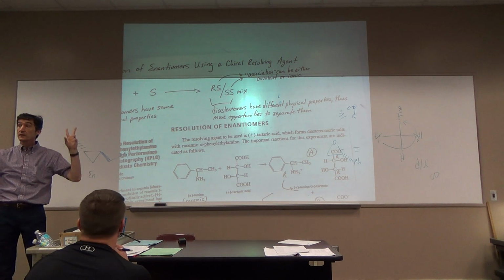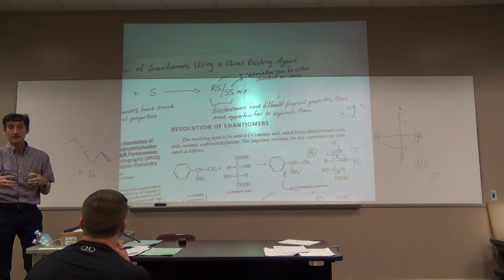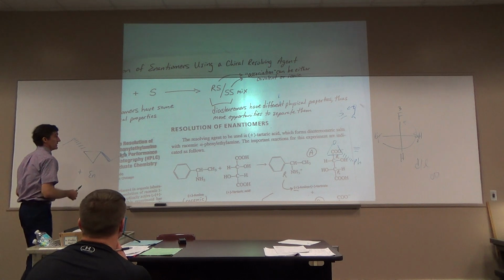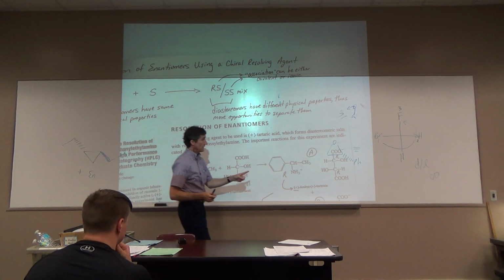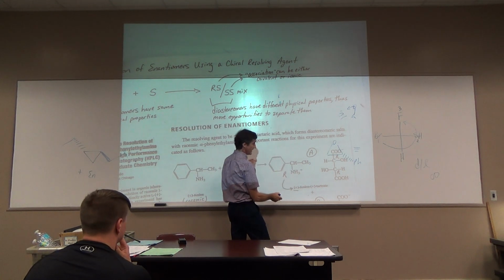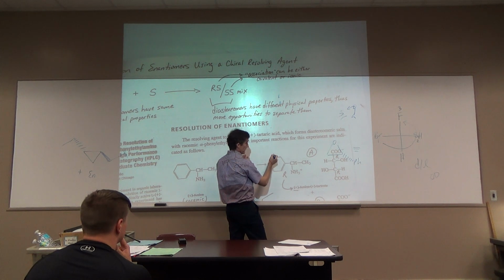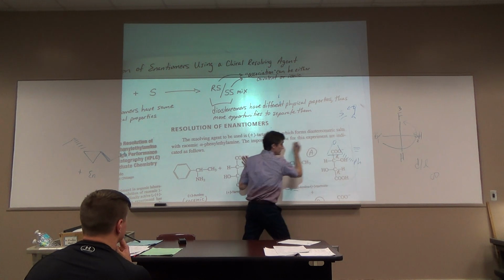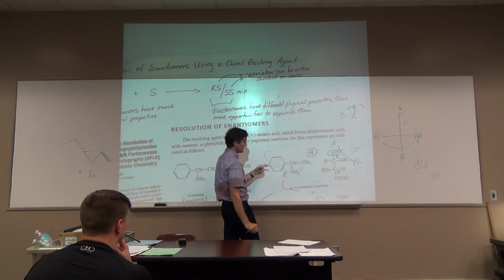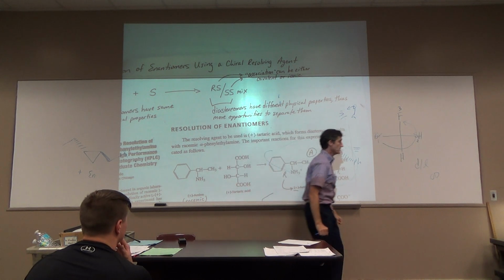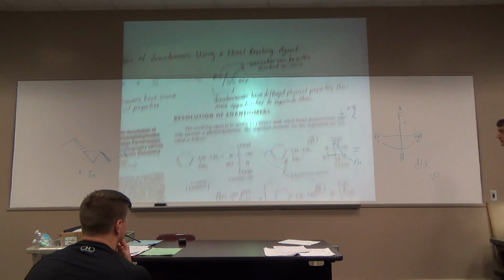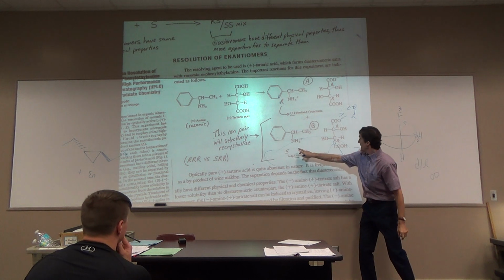They can also combine ionically, like down here. Now this is one thing. It's two separate ions, but we're calling it one thing. And this one is RRR, where the one below is SRR.